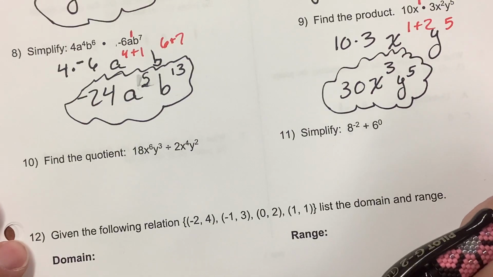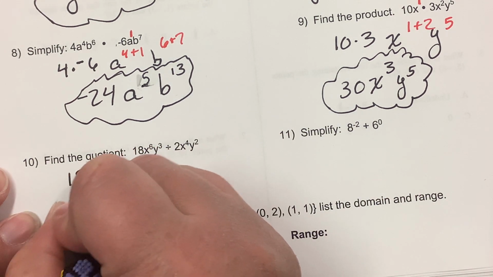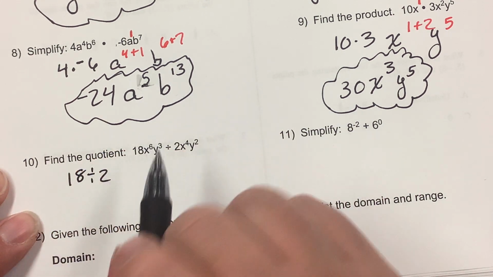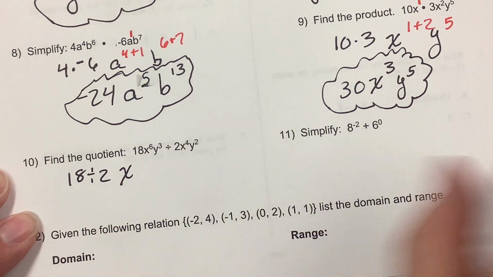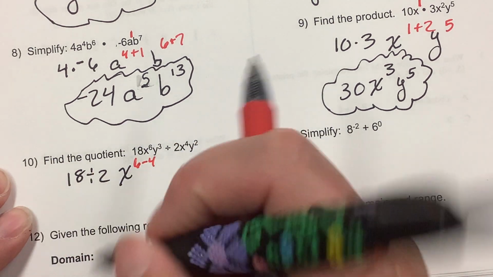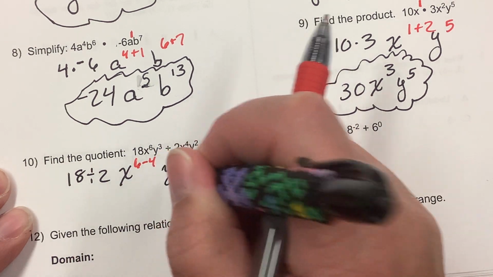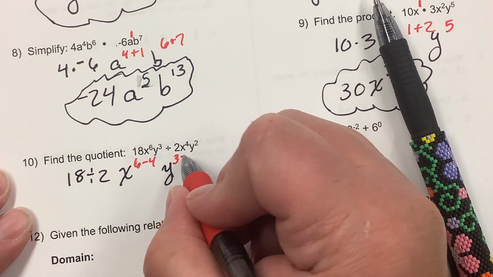Quotient rule. What do you do for quotient rule? You divide the numbers, so 18 divided by 2, and then you're going to subtract the exponents. So x, and I'm going to subtract 6 minus 4, and then the y is separate because you can only combine exponents when the base is the same, so 3 minus 2.